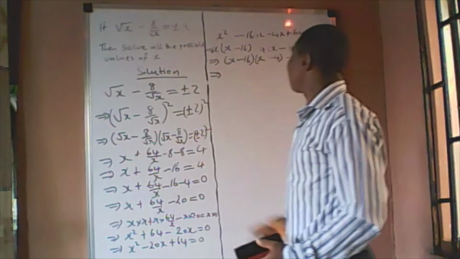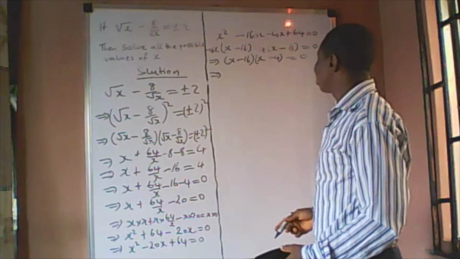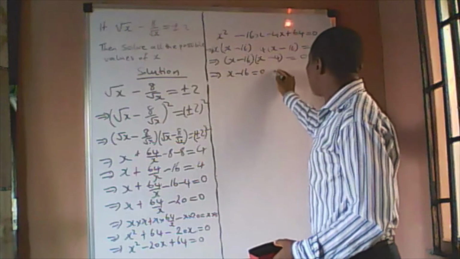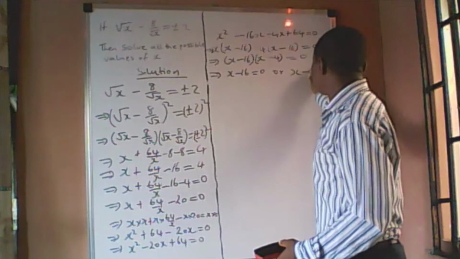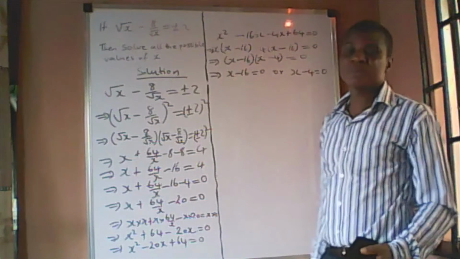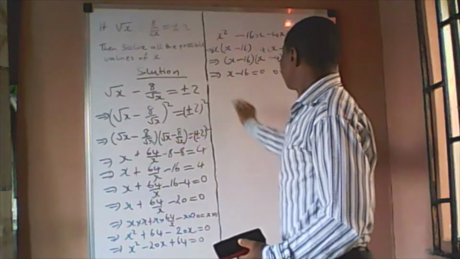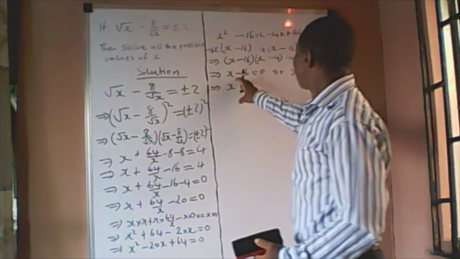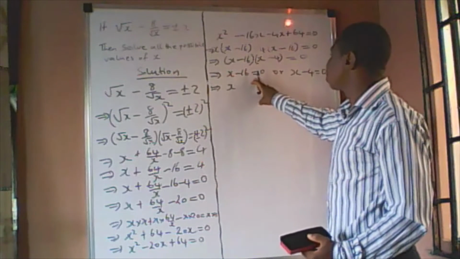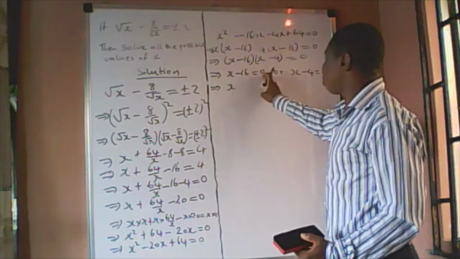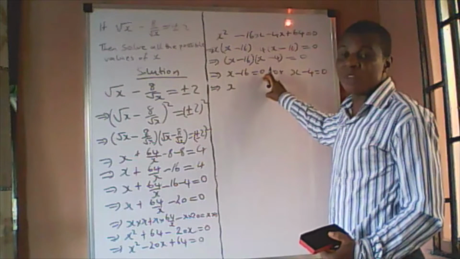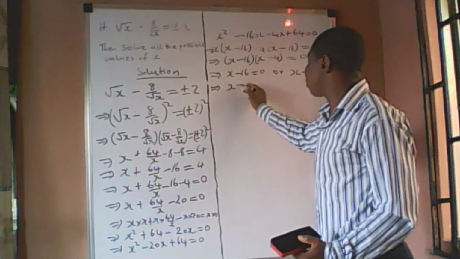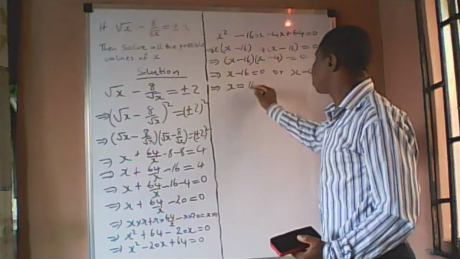It implies x minus 16 equal to 0 or x minus 4 equal to 0, which implies x. Now x minus 16 equal to 0. Minus 16 moves to the right hand side of the equation, it will be plus. That means x is equal to 16.